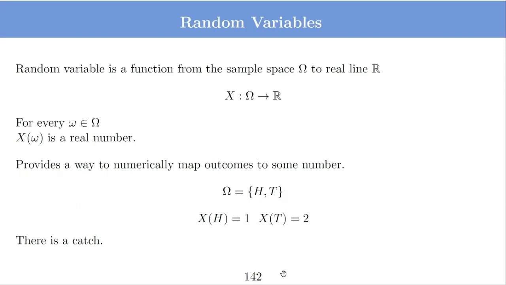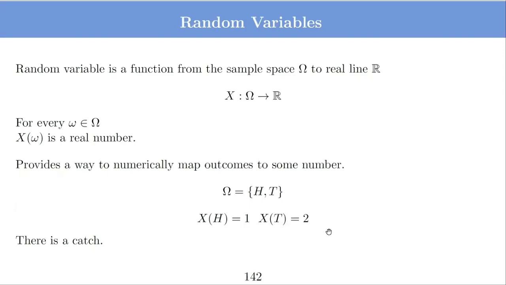So for example, let us see this. Suppose capital omega represents a coin toss. So it is made of two outcomes, H and T. If I want to define a function over this omega, I have to define it for every element of this capital omega. So I will say that for H, the function maps to 1, and for T, the function value is 2.